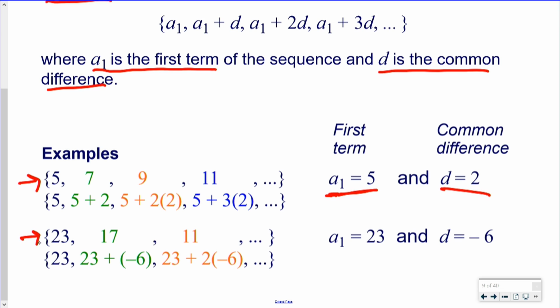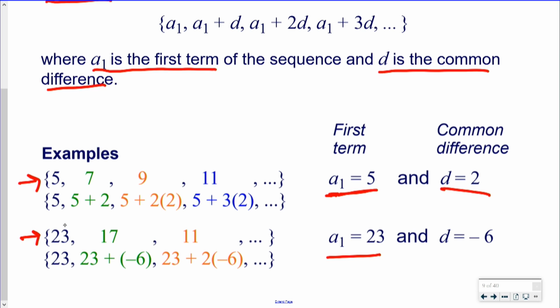Another example, we have 23, 17, and 11. Can you identify the first term of our sequence? If you said 23, you're absolutely correct. Do you know how to notate that first term? Right, a sub 1. So a sub 1 is 23.